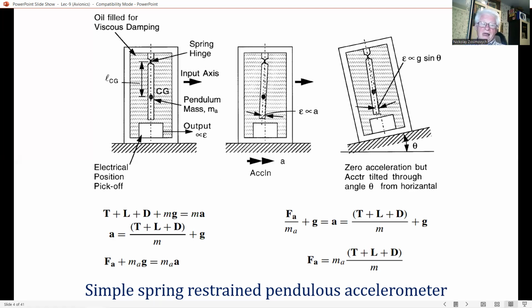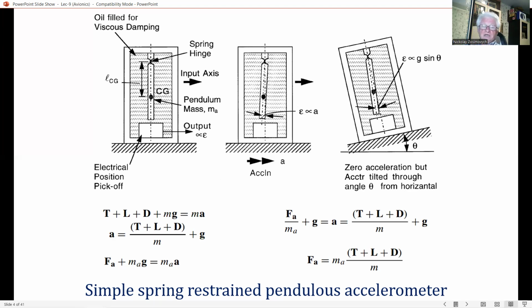So it is essential to know the magnitude and orientation of the gravitational vector with respect to the accelerometer input axis in order to compute the vehicle acceleration component from the accelerometer output.